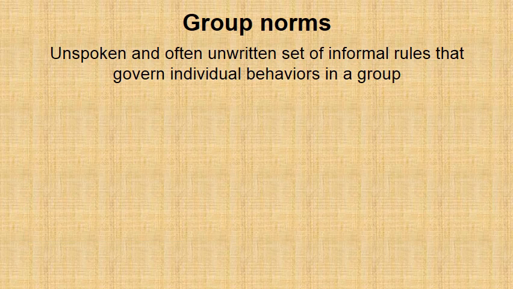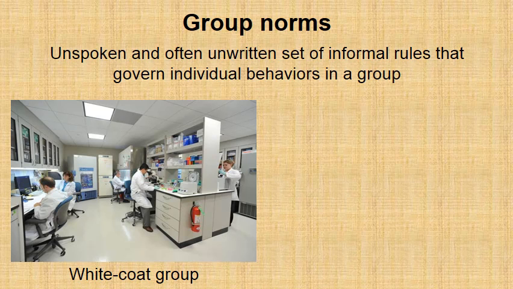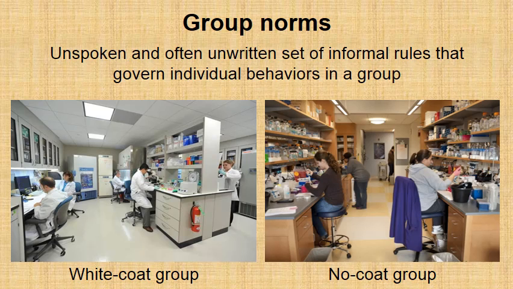One cannot talk about groups without mentioning group norms. Group norms are an unspoken and unwritten set of rules that guide individuals' behavior in a group. For an illustration, you can imagine 2 groups that work in the same field. If you look at the group pictures when they are working, you can see one group in which everybody wears a lab coat while working in the lab, and the other group in which none of the members is wearing a lab coat.